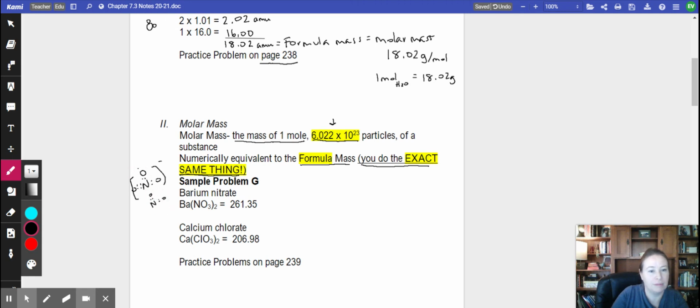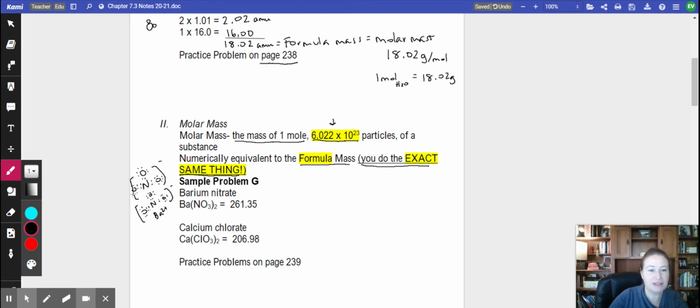I'm being lazy and leaving off some of these dots. Let's put all the dots. Here's the correct Lewis structure, and I need 2 of them. Whoops. There we go. So I have 2 nitrates and 1 barium, Ba2+, because it's an alkaline earth metal. It's in group 2, so it's going to have a 2+ charge.